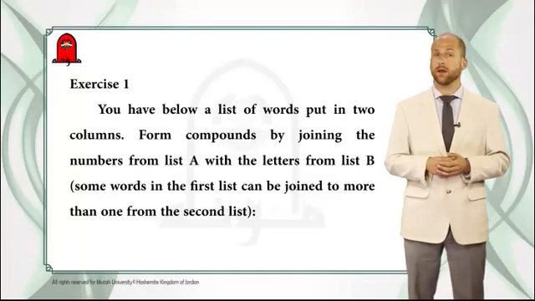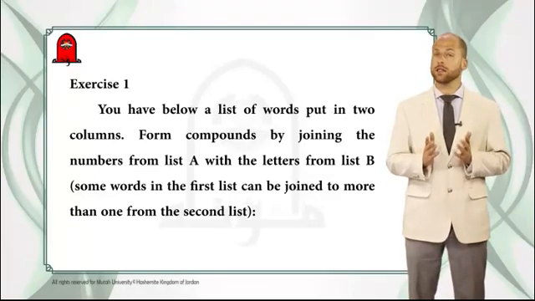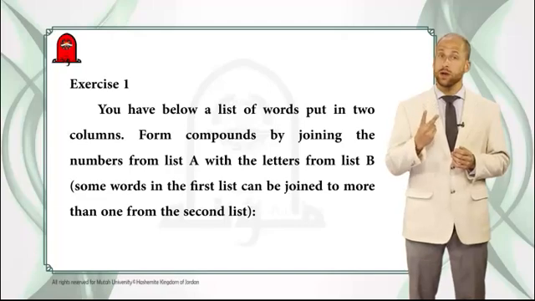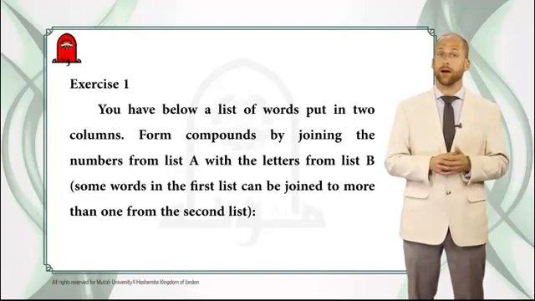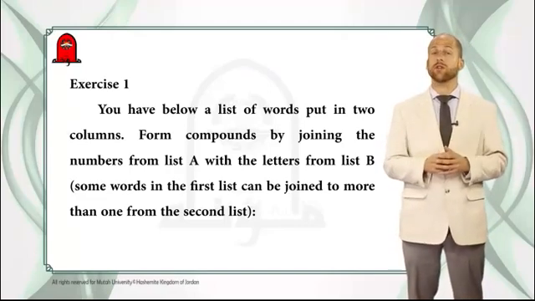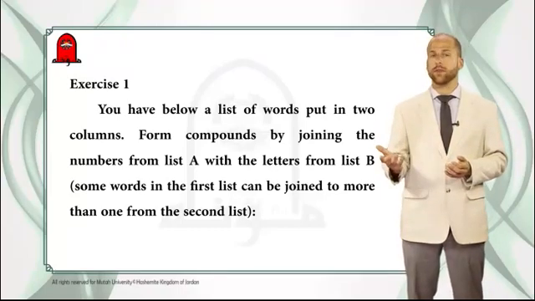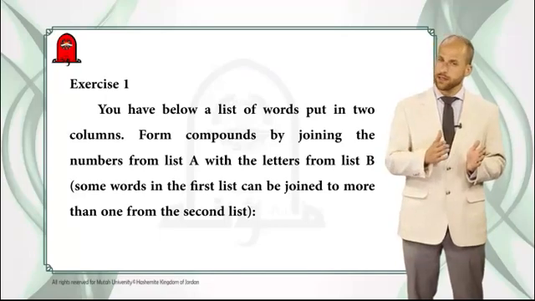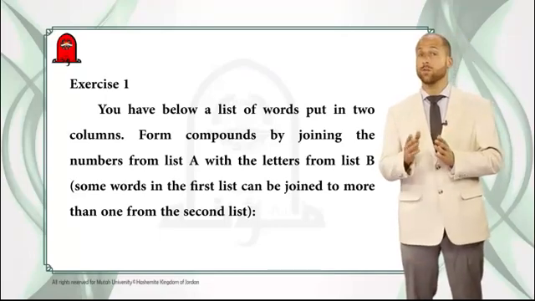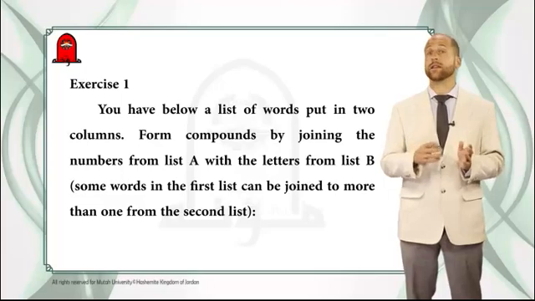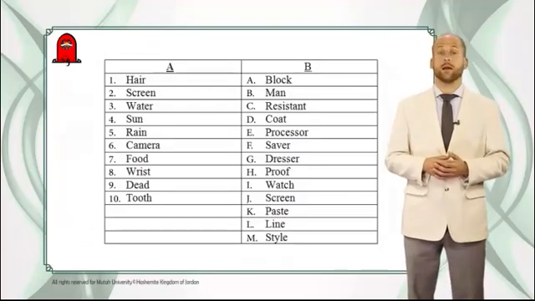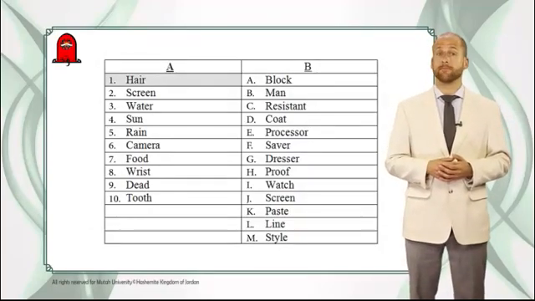Exercise 1. You have below a list of words put in two columns. Form compounds by joining the numbers from list A with the letters from list B. Some words in the first list can be joined to more than one from the second list. 1. Hair.